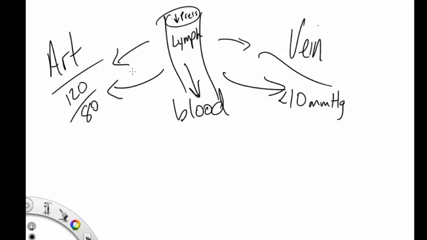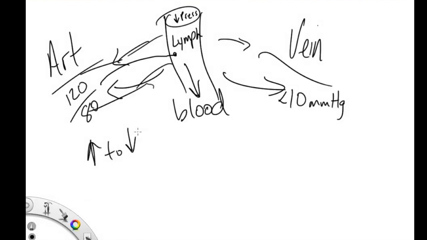If a lymphatic attached to an artery, let's pretend that this right here is a little attachment. And our pressure here is low. What's going to happen as soon as it opens up into the artery is instead of what we want to happen, blood would go in here and blood would fill up that lymphatic system. Because everything moves from high to low, high pressure to low pressure, absolutely right.